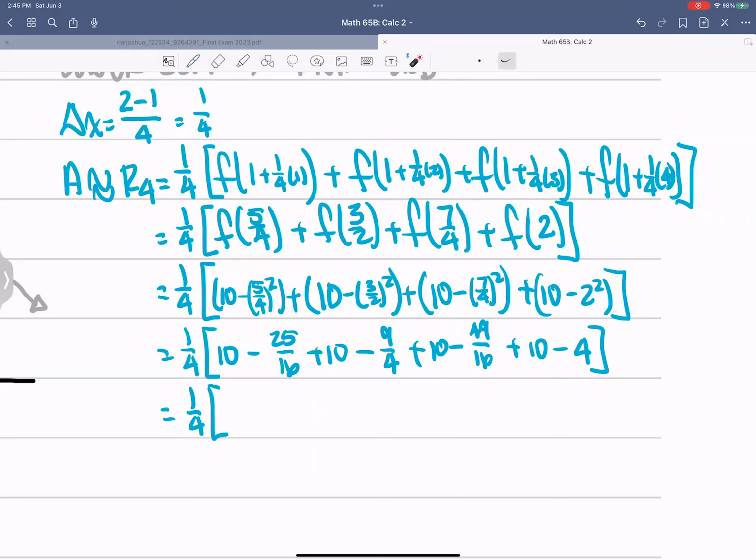So with the tens, we have 10, 20, 30, 40. Minus, let's get the 16, so 25 and 49, that's 74 over 16. And then minus our 4s. We have 9, just 9.